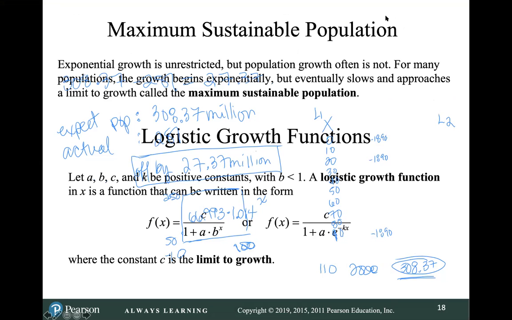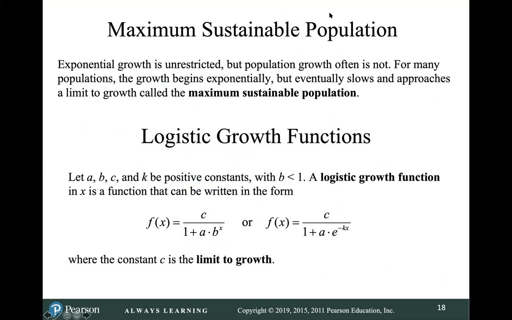Let me try that again, clearing my screen, all the drawings, there we go. Okay, so when we look at exponential growth, it is unrestricted. We talked about this earlier in this video. Exponential growth is unrestricted, okay? If my growth is restricted, then it has a maximum sustainable population, or a ceiling.